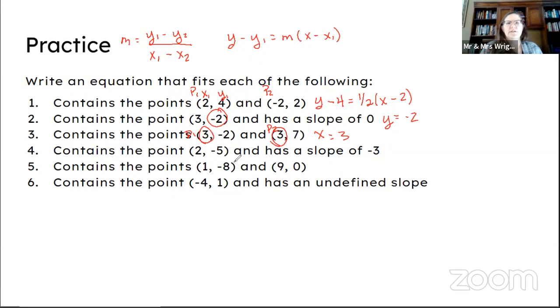All right, moving on. We now have a line that goes through this point and has a slope of -3. We already have all of our values, x1, y1, and m. So I'm just going to jump right into writing the equation. y minus a -5 turns into y plus 5 equals m, which is -3, times x minus x1, which is 2.